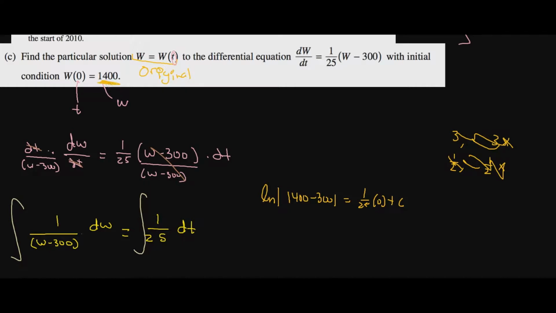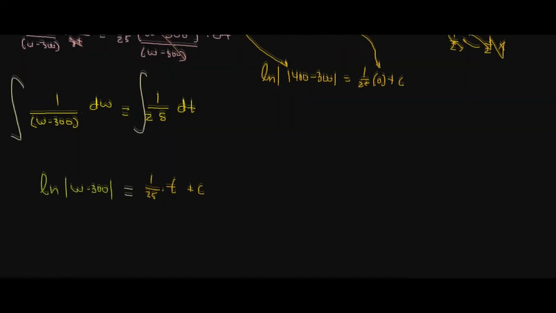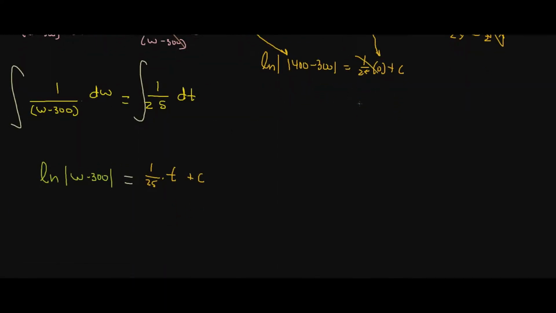This is the initial condition, which goes into here, and this is going to go into your t value. Very good. And we get, this is 0, so c is equal to ln absolute value of 1,400 minus 300, which is 1,100. What's the absolute value of 1,100? That's just 1,100.